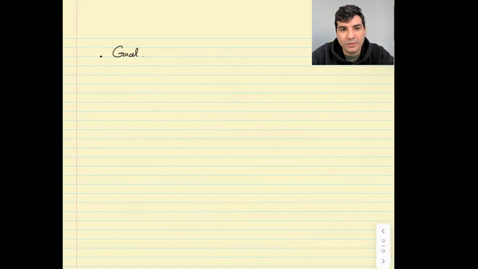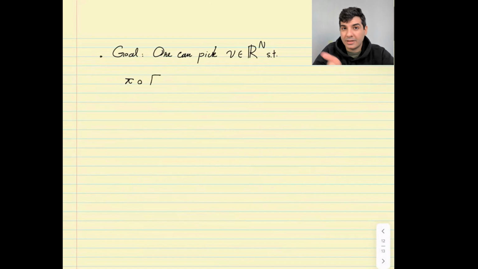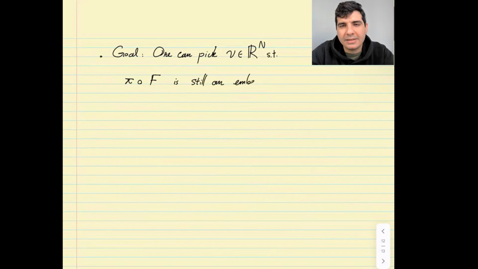The goal is to show there is some vector v inside Rn such that when we project to the normal direction of v and compose that with f, this is still an embedding from M to R^(n-1). That's the goal.